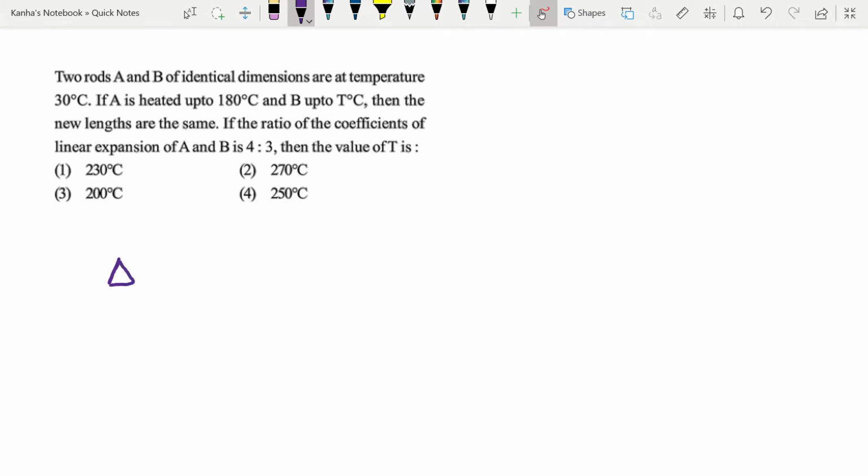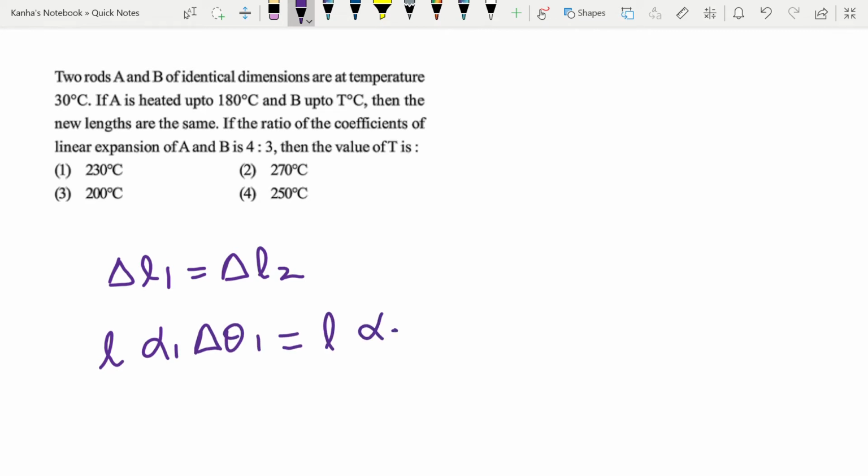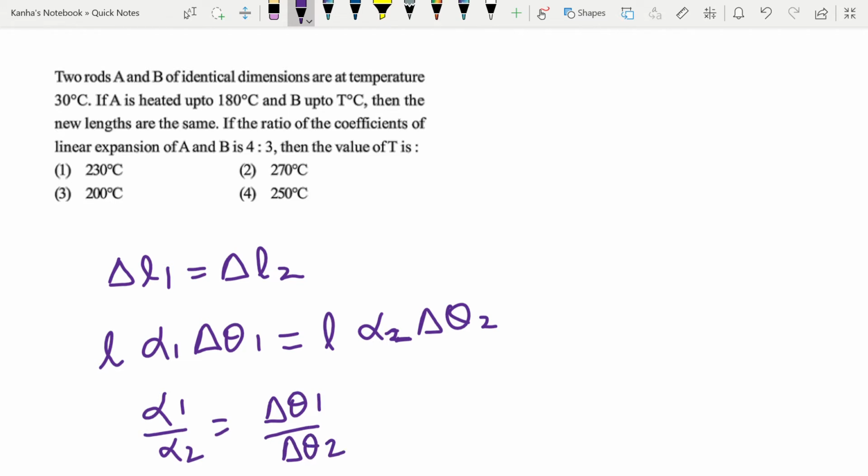That implies delta L1 is equal to delta L2. Now, what is delta L1 given by? It's given by L into alpha 1 into change in temperature 1, and L into alpha 2 into change in temperature 2. From here I can write that alpha 1 by alpha 2 is nothing but delta theta 1 by delta theta 2.